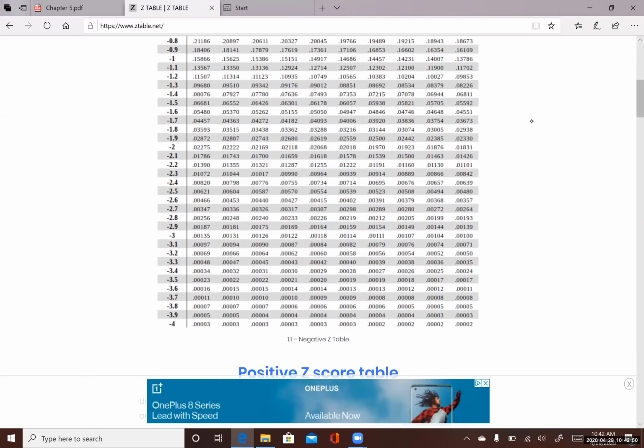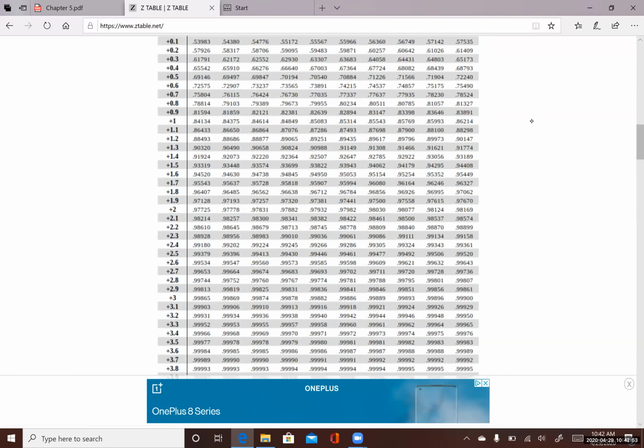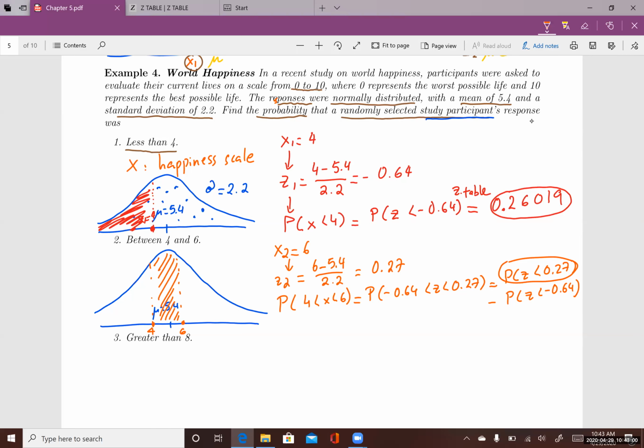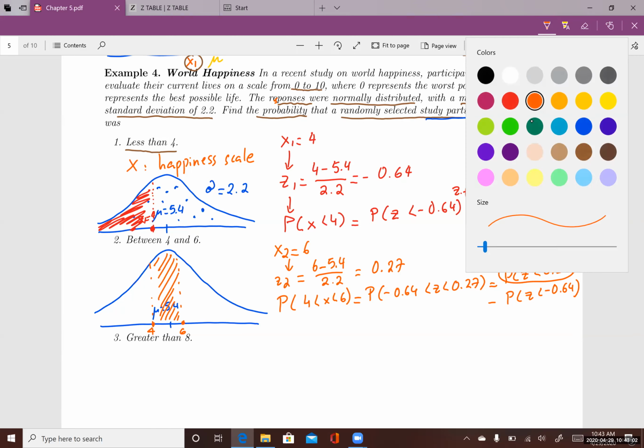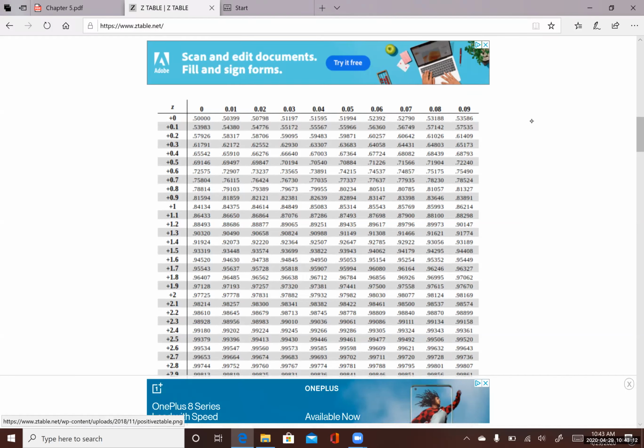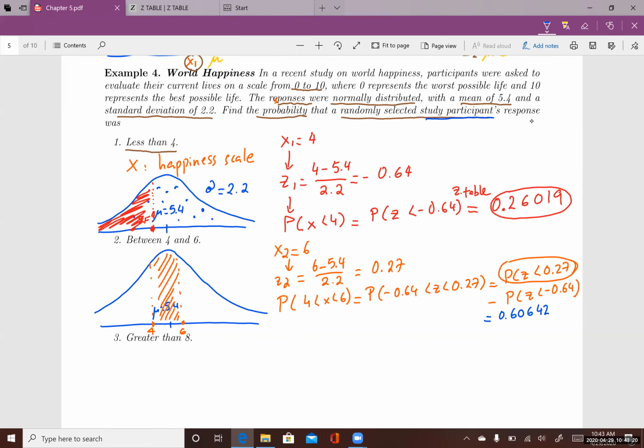We're going to go to the positive side. 0.27 should be 0.60642. So 0.60642 minus 0.26019.